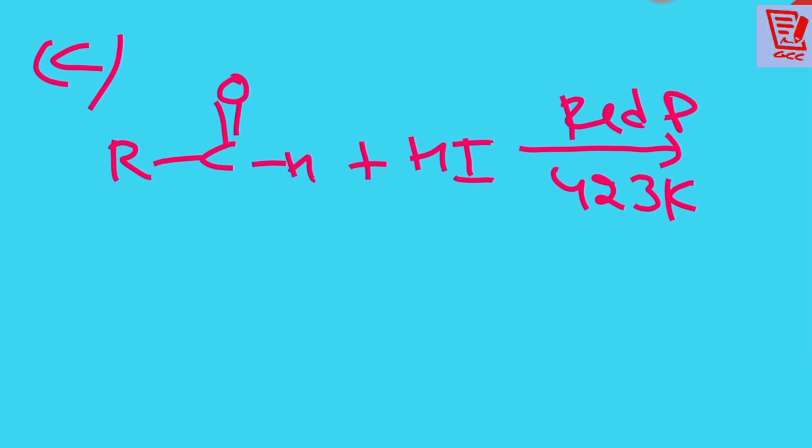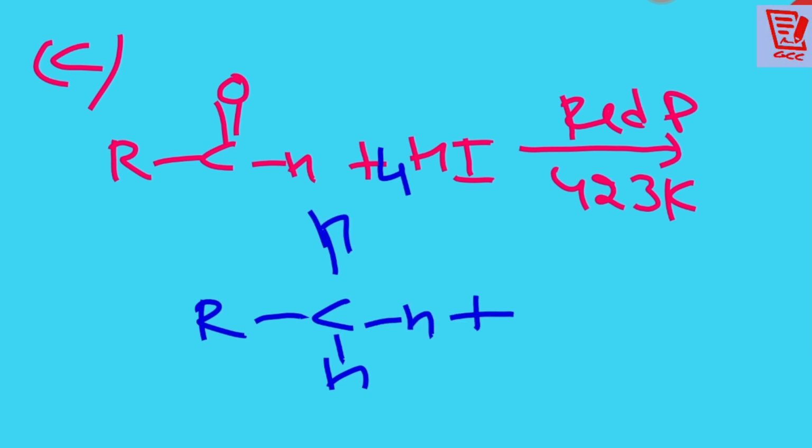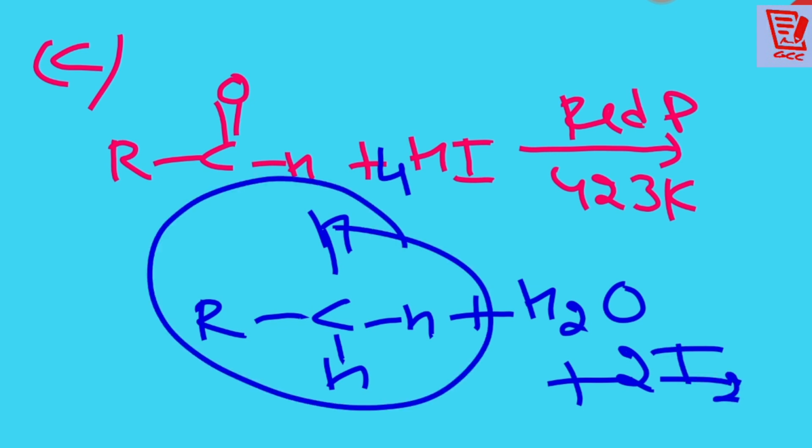We can use 4HI, then it will become R, 2 hydrogen will be there, CH3 plus H2O plus 2I2. This is called alkane. Clear, students? So this is all about the reduction we have done. Clear? Okay, students, after this, the next one is oxidation reactions. What is it?